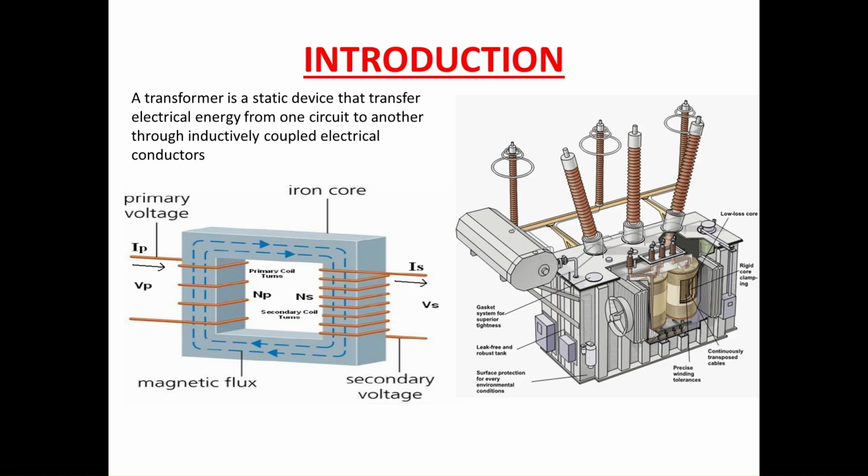All these are enclosed in a chamber, and we only get the output terminals, the primary and secondary terminals, either HV or LV terminals, and these are connected to the bus bar or the circuit where we want the voltage stepped up or stepped down.